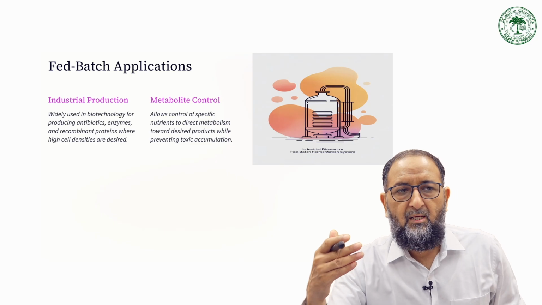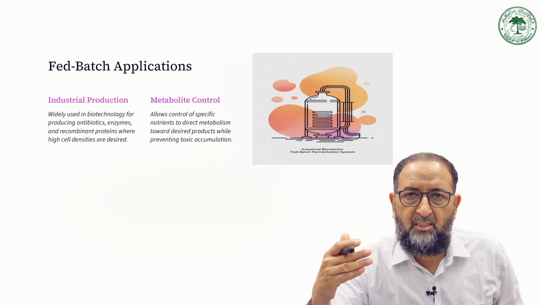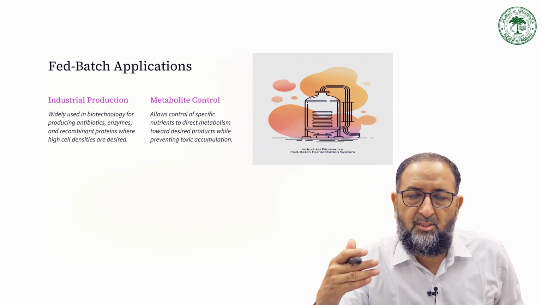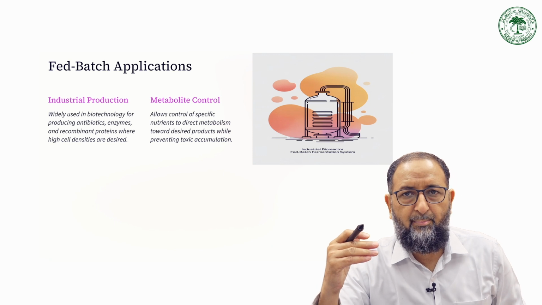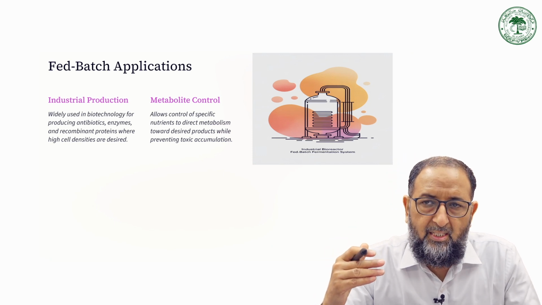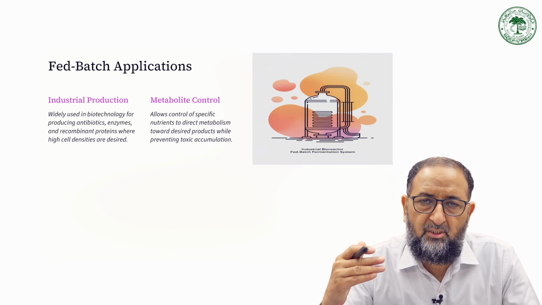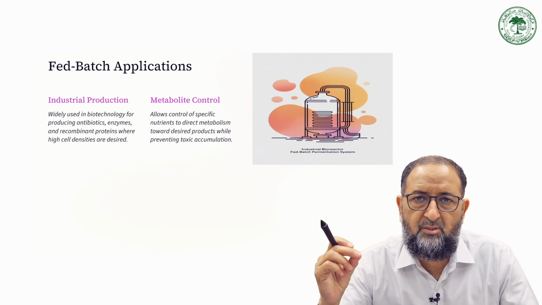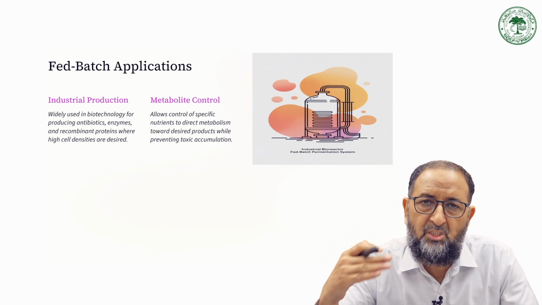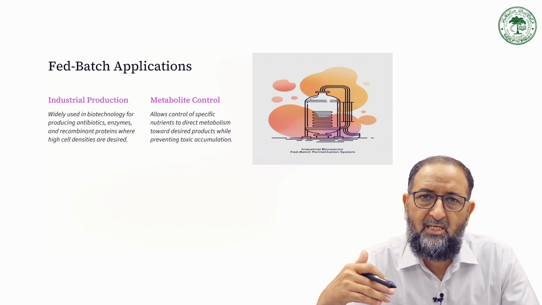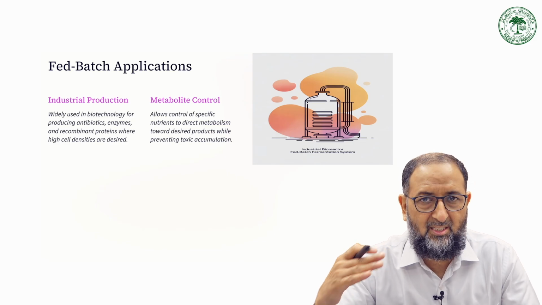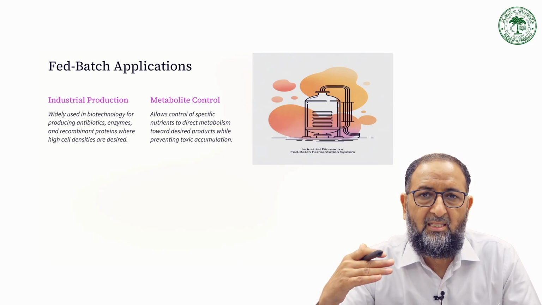For example, if you are going to use a bacteria as a bioindustry for plastic production or biodegradable plastic production, what you need are specific nutrients provided to the cell so that the metabolism of the bacteria utilizing those nutrients can provide that plastic. Right, and then you can keep growing.